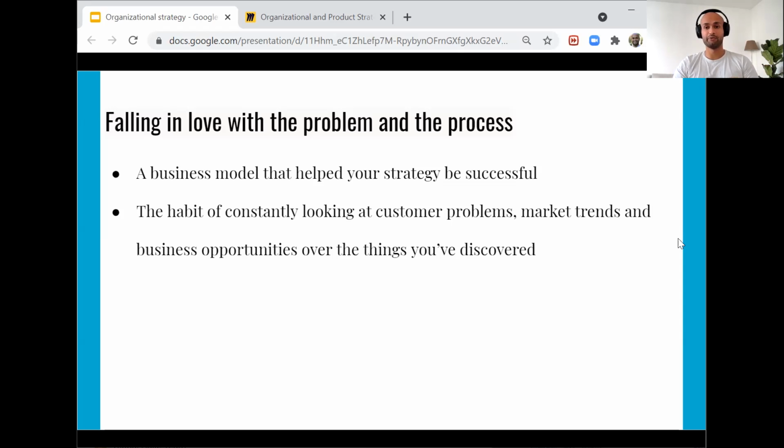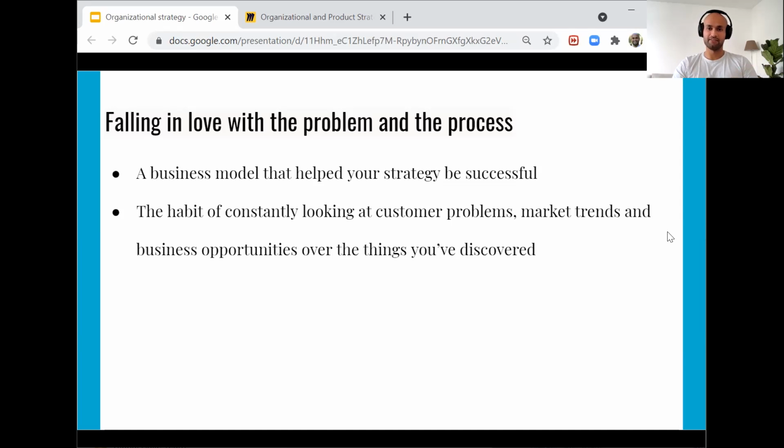That business model that you have could be because you're lucky, and it may not allow you to scale. So you might want to look at different forms of business models and incorporate them into your strategy, like Google did, like we just saw in the previous slide. So you need to constantly get into this habit of looking at customer problems, market trends, and business opportunities over the things that you've discovered. The value is in the repeatable process of discovery and not in what you discover itself.